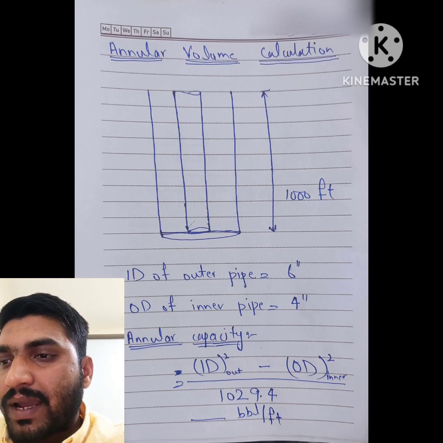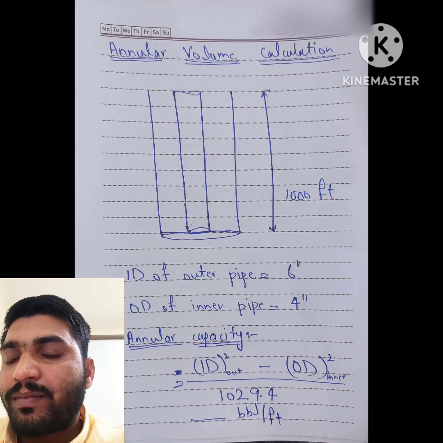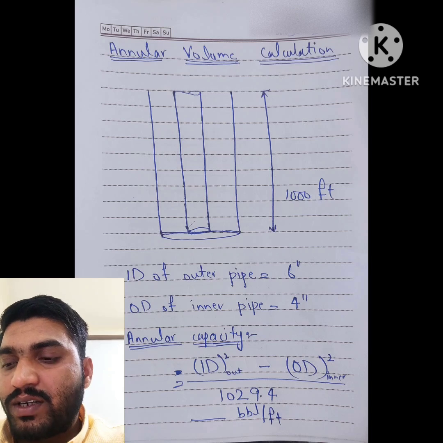The ID of the outer pipe is 6 inch and the OD of the inner pipe is 4 inch, and the length of the annulus is 1000 feet. So now we'll calculate the annular volume.